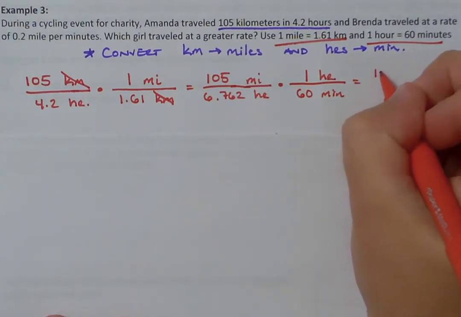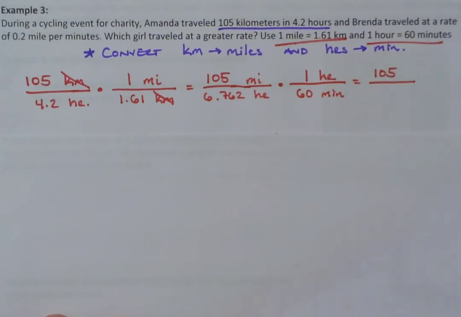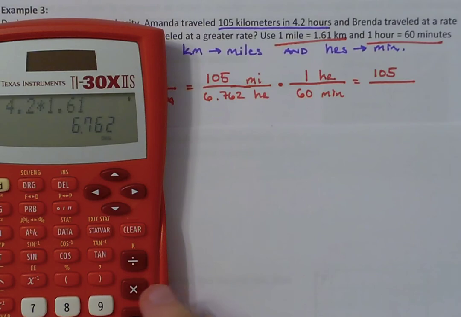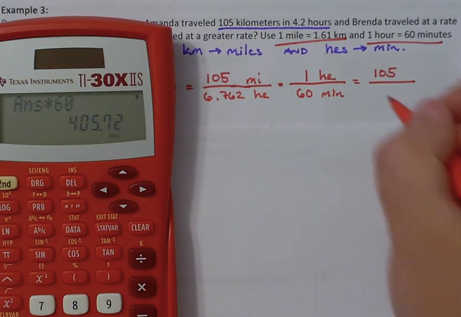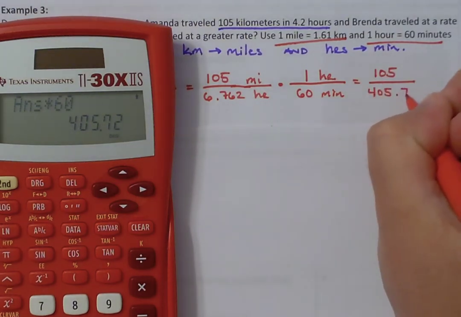So again, multiply top to top, bottom to bottom. I have 105 times 1, which is 105. And then 6.762 times 60 gives us 405.72.